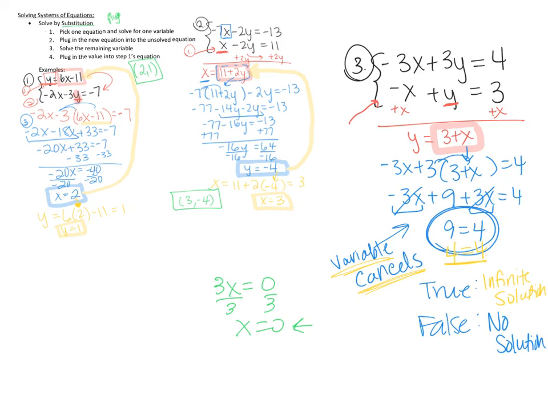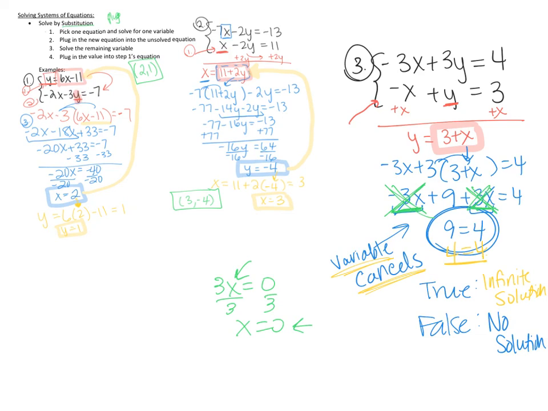No, no, no. 0 is an answer. See how my x is still there? If my x is still there, it doesn't matter what the number is, I have a solution. Here, my x's truly canceled. I had a positive and a negative 3x. They canceled off of my entire equation. That's when I would have a no solution or an infinite solution.